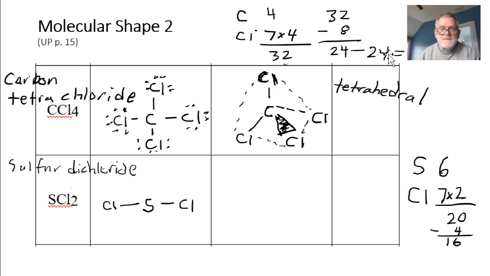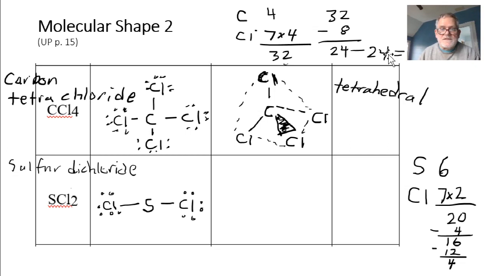I'm going to populate the ligands, or the outer atoms, first. This chlorine has 2, it needs 6 more: 1, 2, 3, 4, 5, 6. And this chlorine needs 6 more: 1, 2, 3, 4, 5, 6. You've just used up 12. 16 minus 12 is 4.